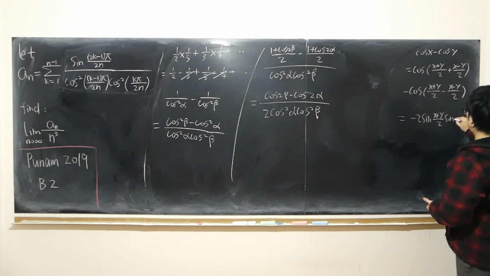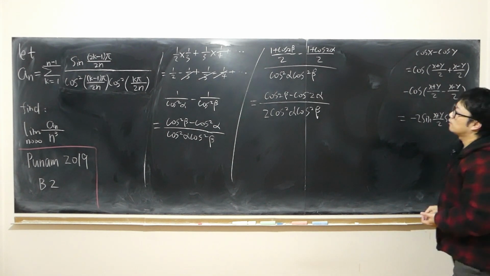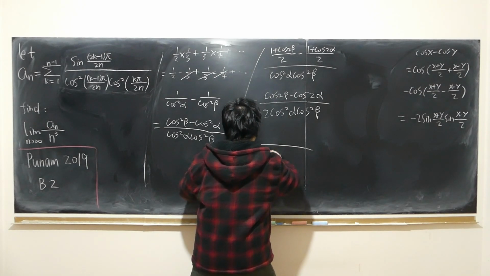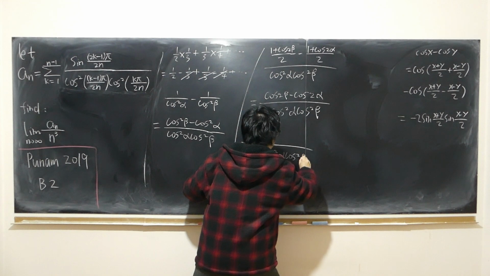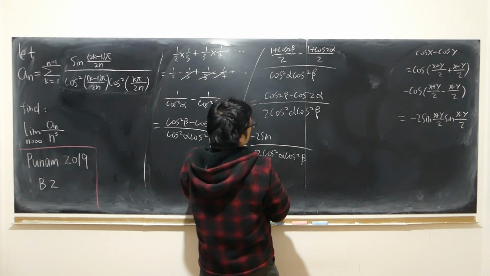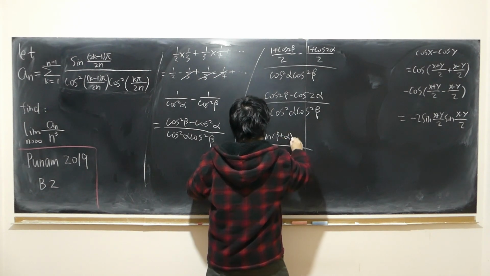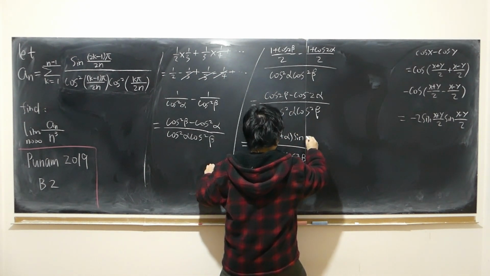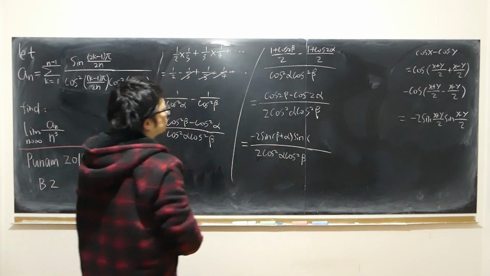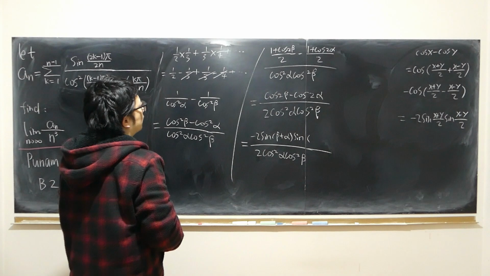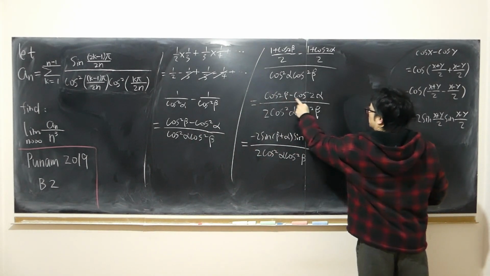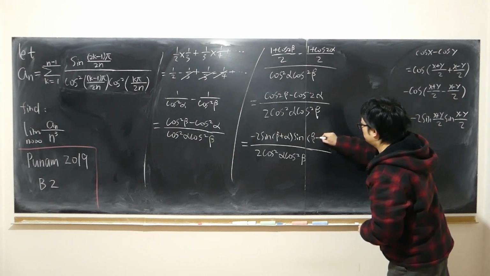Sine of half x plus y, sine of half x minus y. So that is 2 cosine square alpha, cosine square beta, and negative 2 sine of half of x plus y, beta plus alpha, sine of the angle difference, half of x minus y, beta minus alpha.